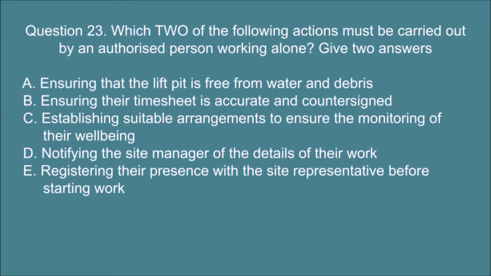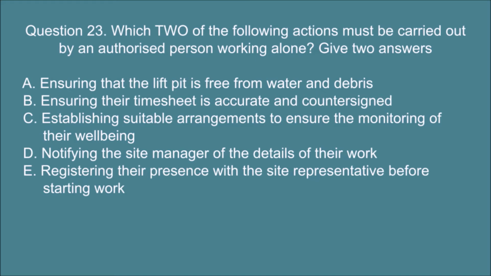Question 23. Which two of the following actions must be carried out by an authorized person working alone? Give two answers. A. Ensuring that the lift pit is free from water and debris. B. Ensuring their timesheet is accurate and countersigned. C. Establishing suitable arrangements to ensure the monitoring of their well-being.